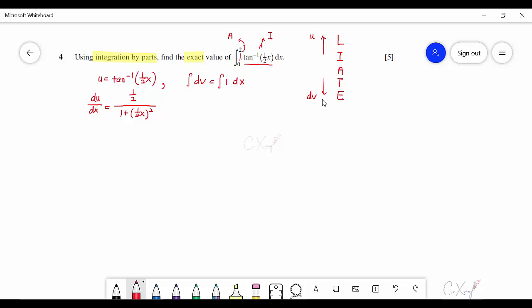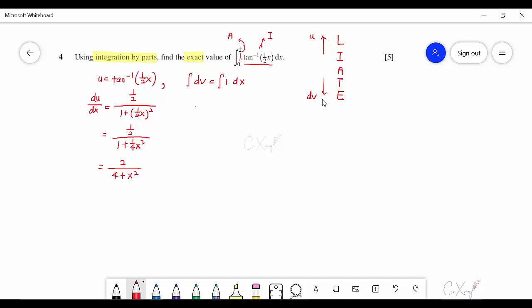If you simplify everything, we have 1 over 2 divided by 1 plus 1 over 4 x squared. Multiply everything by 4 on top and bottom of the numerator and denominator, and you should have 2 divided by 4 plus x squared. So this is what I have for my du dx.